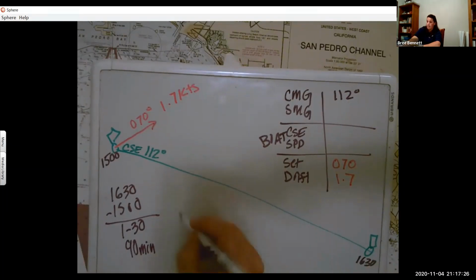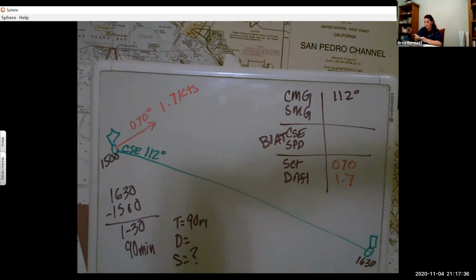So I have my time is 90 minutes. What is my distance? I need to figure out what my distance is so I can get speed. So let's plot out distance.